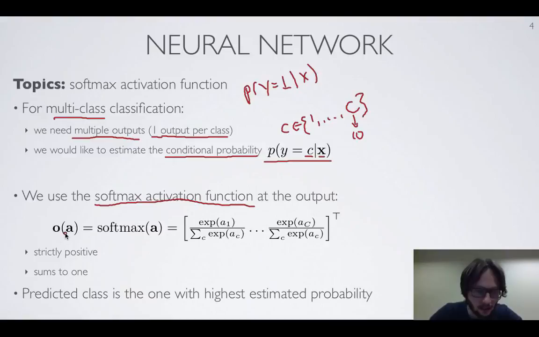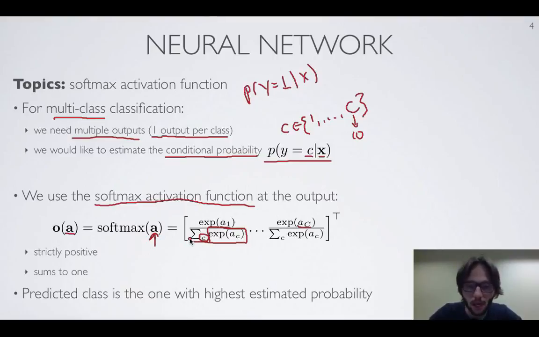It takes the pre-activation, which is a vector now because we have multiple output neurons and so multiple pre-activation values, and takes the exponential of all its elements. Then it divides each of these numbers by the sum of the exponentials of the pre-activation for all possible classes C. That's why we have a sum over C here.